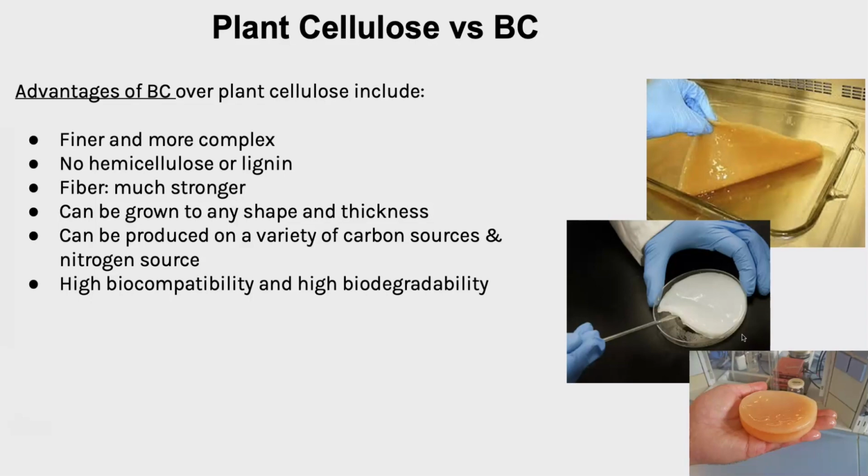It can be produced on a variety of carbon sources or sugar sources and also nitrogen sources. For carbon source, we could use glucose, sucrose, fructose, maltose, lactose, or glycerol, or mannitol, or sorbitol. For nitrogen source, we could use the well-known ones, which are yeast extract, beef extract, soybean extract, corn steep liquor, and so forth. And in terms of biocompatibility and biodegradability, if we compare these two types of cellulose, bacterial cellulose has a higher degree of biocompatibility and biodegradability.